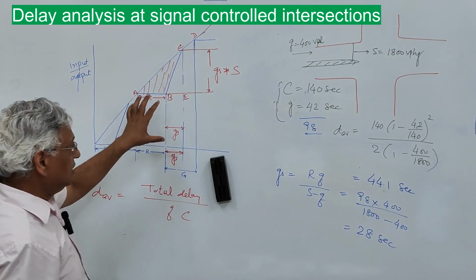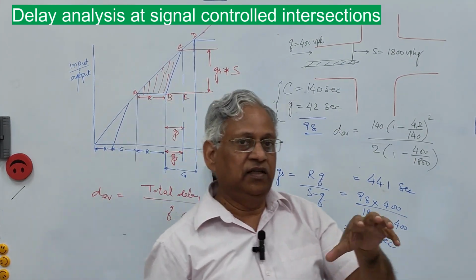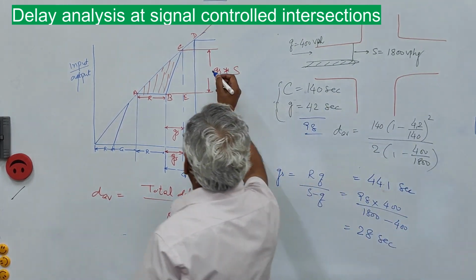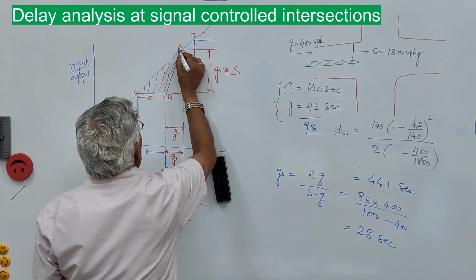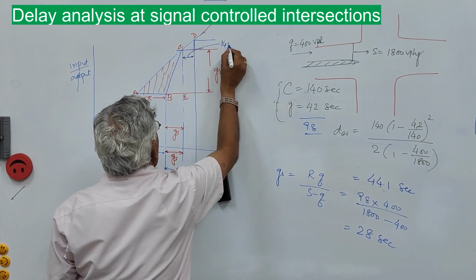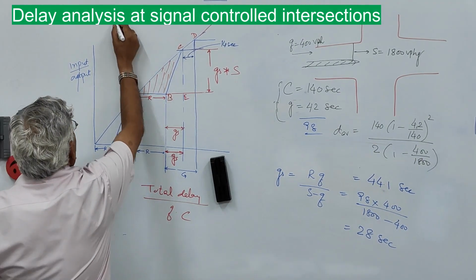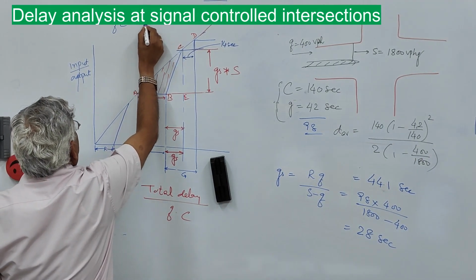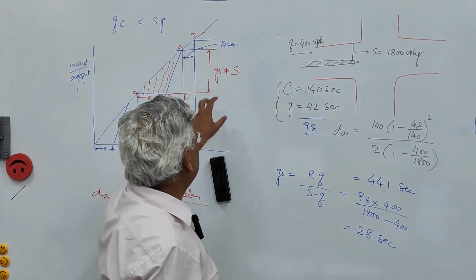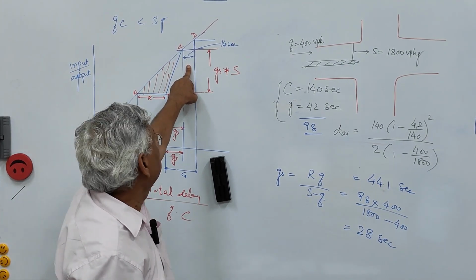So out of 42 seconds, 28 seconds is completely saturated when there is a vehicle in the queue. The remaining 14 seconds is unsaturated. So if you see, Q into C is less than S into G, because there is unsaturated green here.